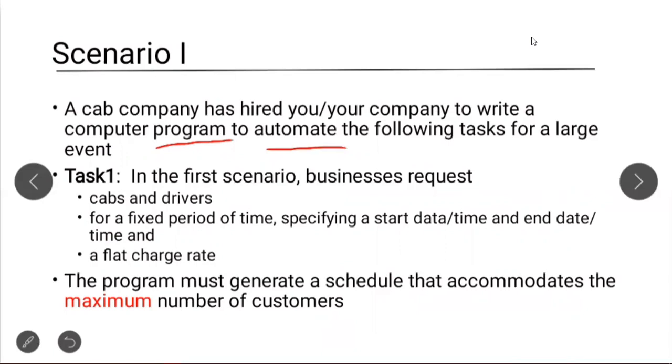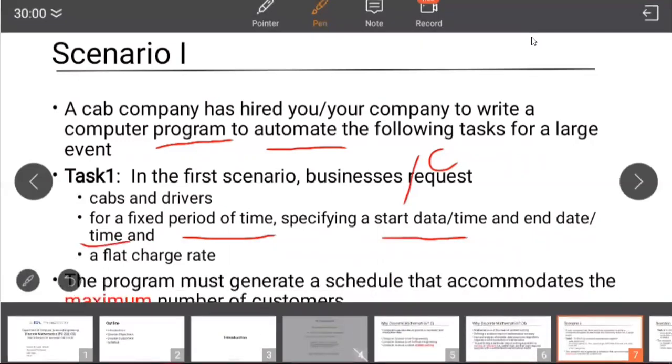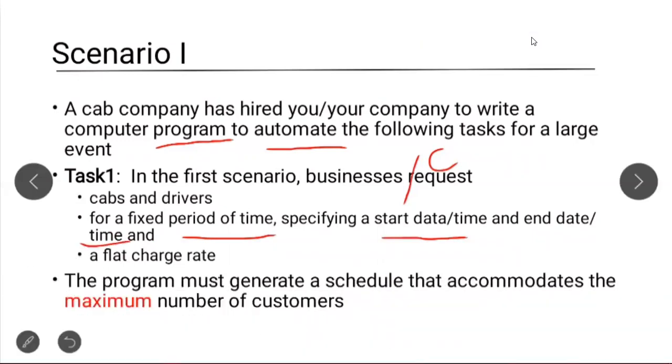First, businesses or customers request their cabs and drivers. They request the cabs and drivers for some amount of time, and they also specify the start time and the end time. Along with that, they will also mention at what rate.